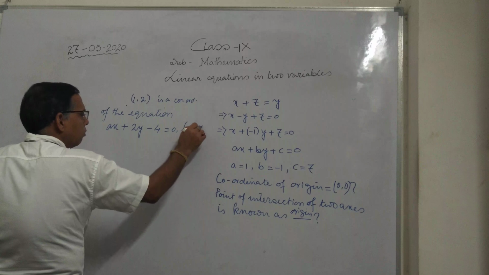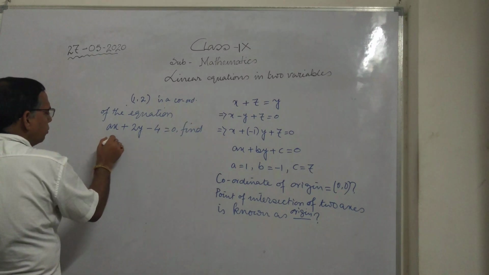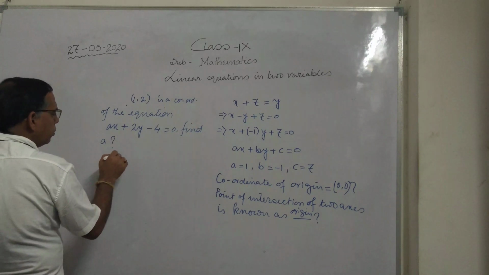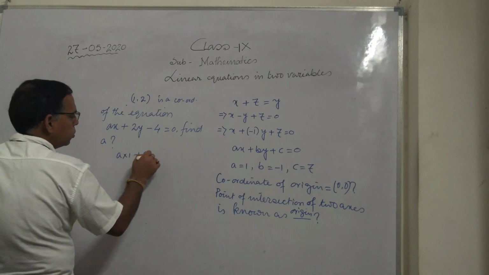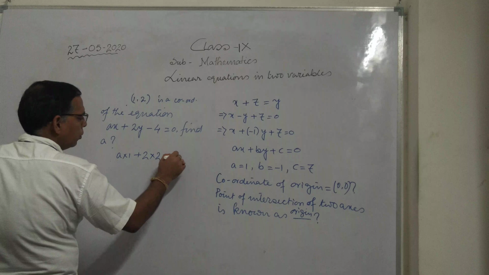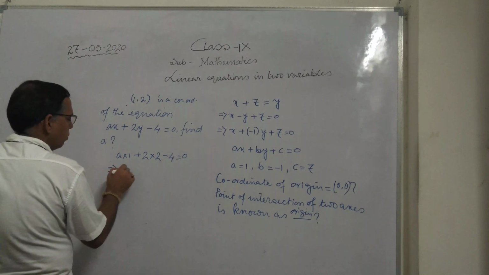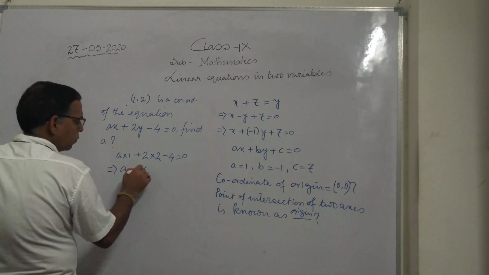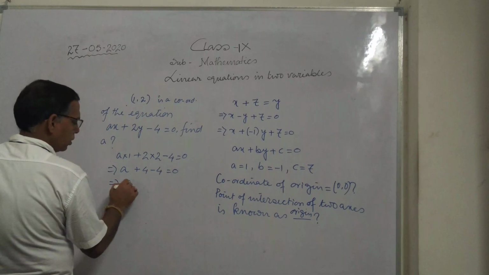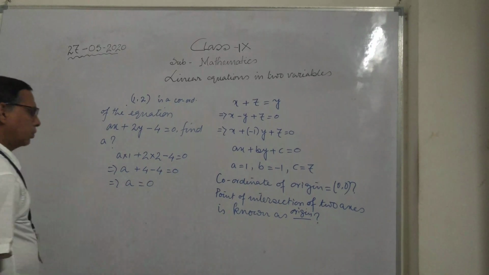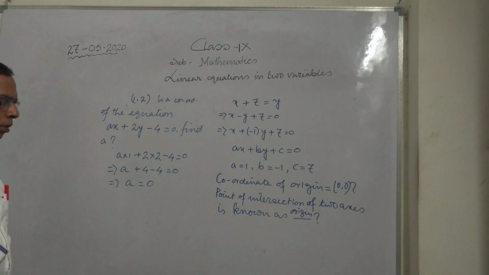Find a. Then what do you have to do? a into 1 plus 2 into 2 minus 4 equal to 0 implies a plus 4 minus 4 equal to 0 implies a equal to 0. Okay?